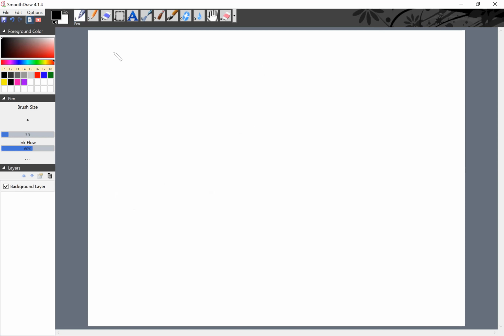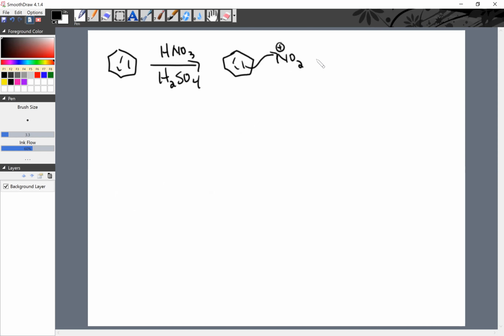All right, so we have got a benzene and we've got our HNO3 and our H2SO4. And what we are really seeing is NO2. That hydrogen is still there just like before. And then what is still floating around?